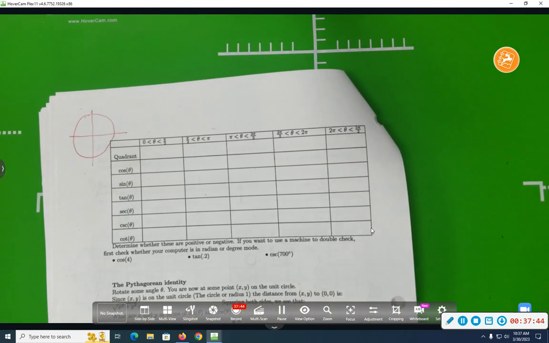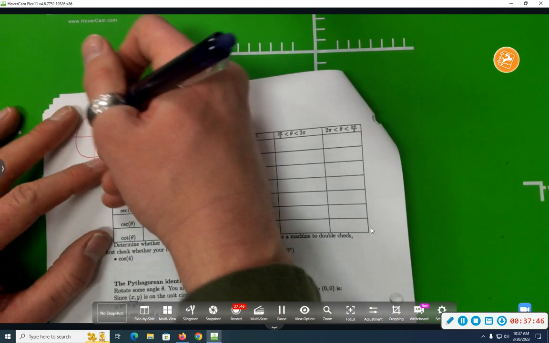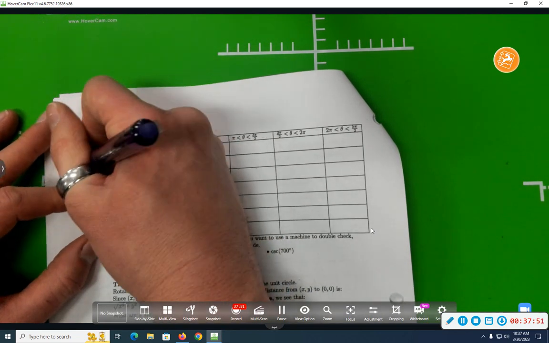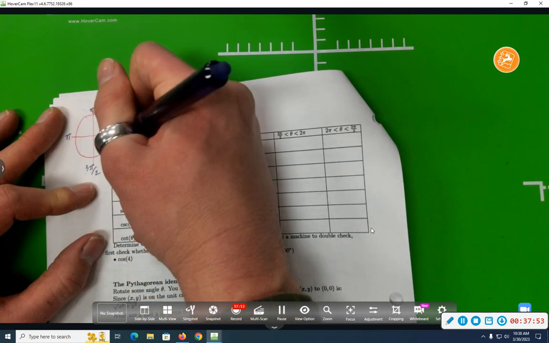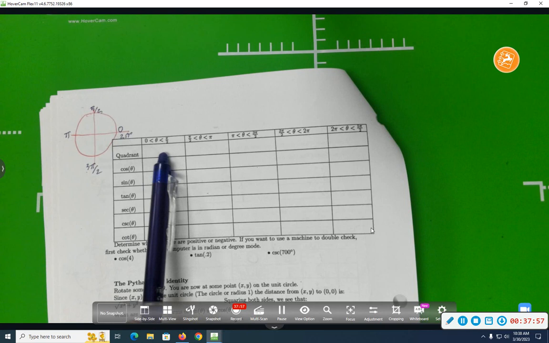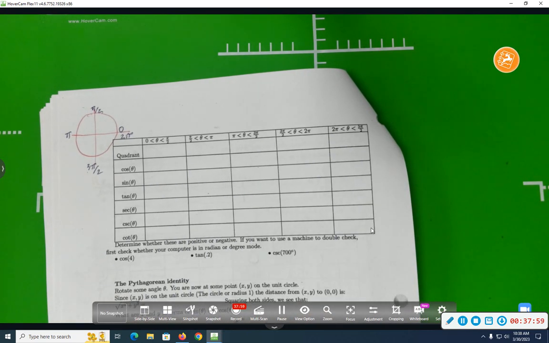So, if this is an angle of 0, this is an angle of pi over 2, here's an angle of pi, 3 pi over 2, 2 pi. Let's try to decide for each of these ranges what quadrant we wind up in.